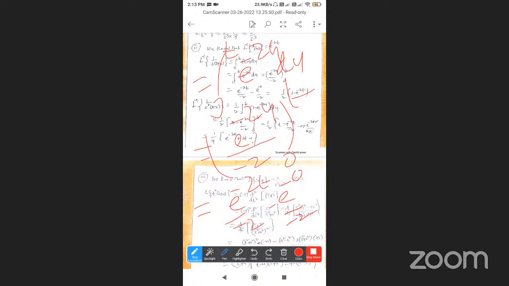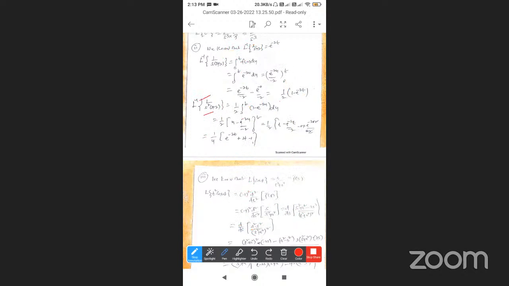So this is minus e power of minus 2t by 2 plus 1 by 2. Taking 1 by 2 common, this is 1 by 2 into 1 minus e power of minus 2t. This is our f of t.